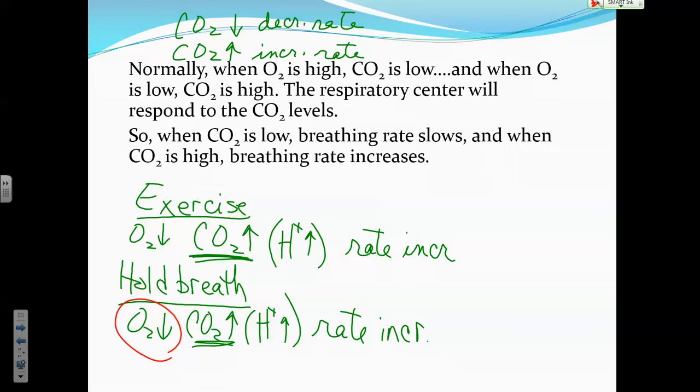At some point, when oxygen levels drop enough, that may cause a person's blood vessels going to the brain to dilate, which drops their blood pressure in the brain, and they'll pass out. But as soon as you pass out, your respiratory center kicks in. So unless they hit their head on something and die that way, there's no way you can die by holding your breath.